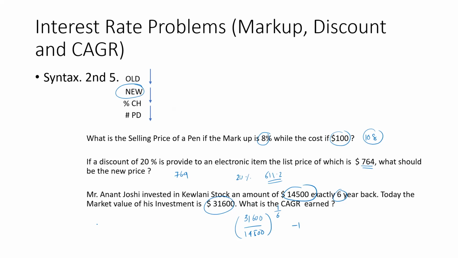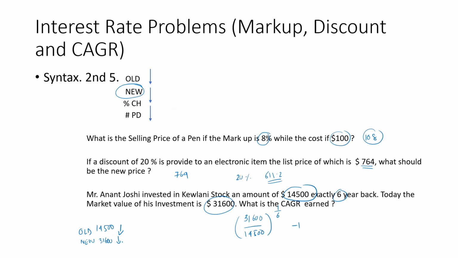In OLD, now you put 14,500. Okay, and press enter. Press the down key. You'll come to new. In new, put 31,600. Press enter. Press the down key. The percentage change happens to be 0.